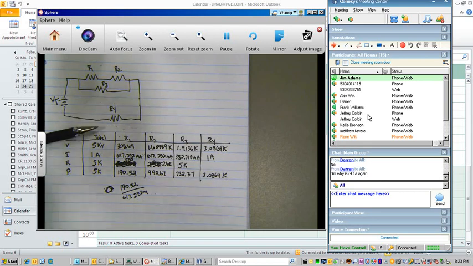Oh, the reason R4 is 1 amp is because all the current goes through R4. And the problem stated you have 1 amp total current. So 1 amp leaves here, it's going to split, recombine here, and then all of it will go through R4 again. So R4 is in series with the total current.